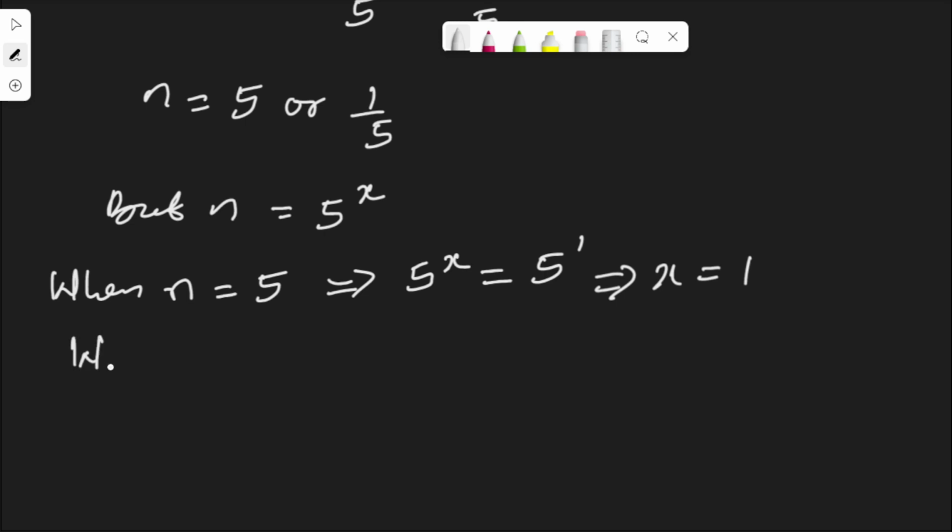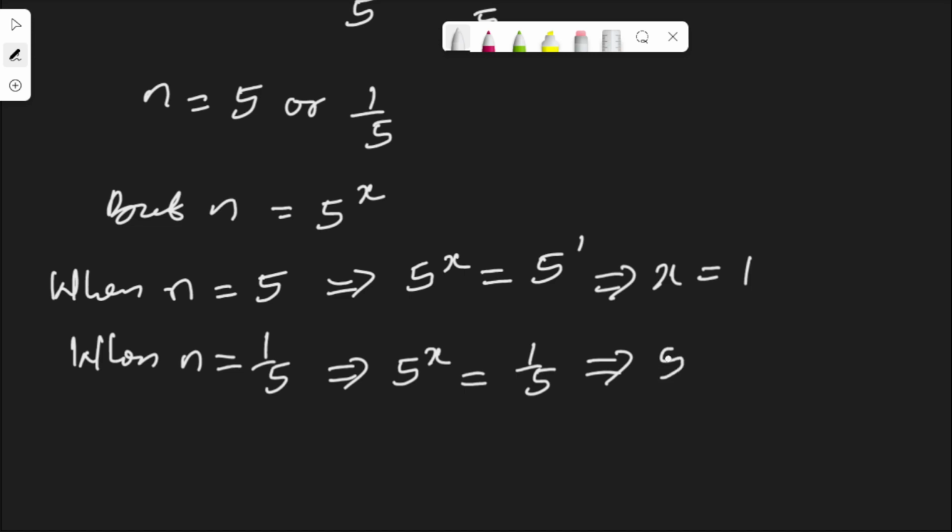Again, when n is 1 over 5, it implies 5 to the power of x is 1 over 5, which means 5 to the power of x is 5 to the power of -1. That is expressing this as a negative index.